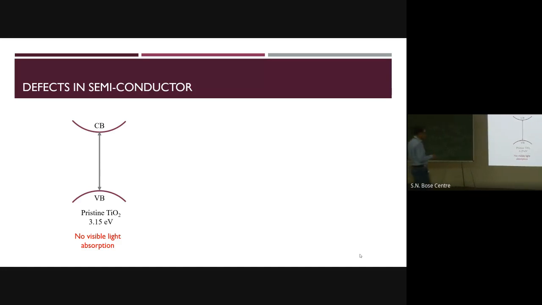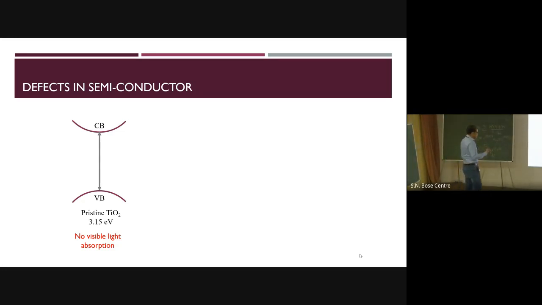It's a very simple material, but it has a pretty high band gap, so there is no visible light absorption. To help it absorb visible light, what we usually do is make defects. And then the question comes: how can you determine the defect level very accurately?